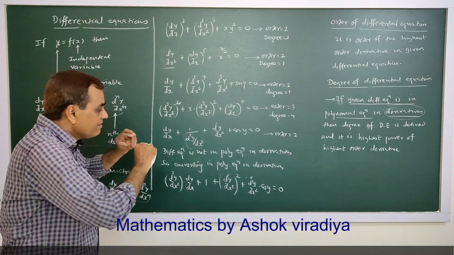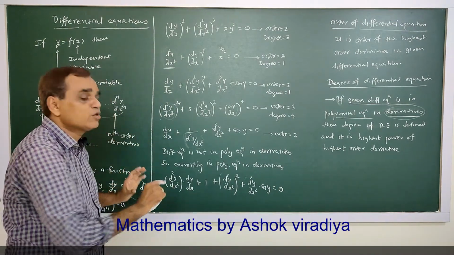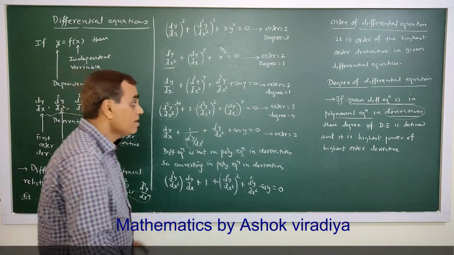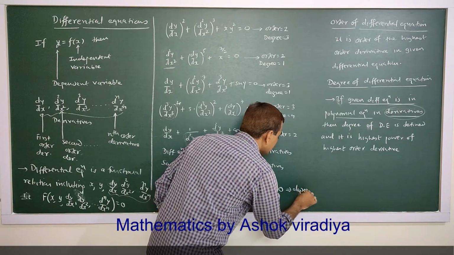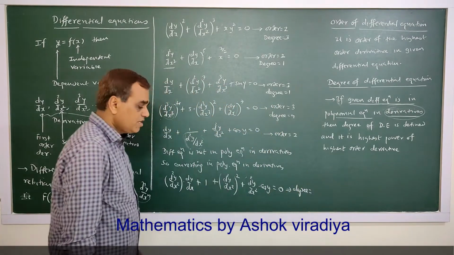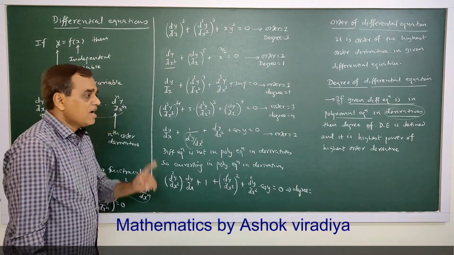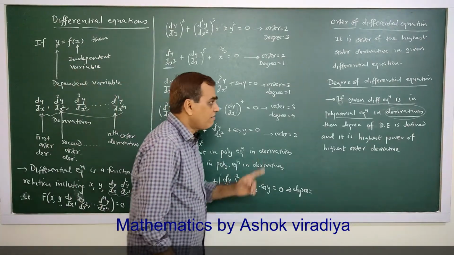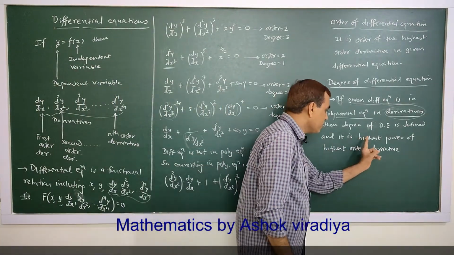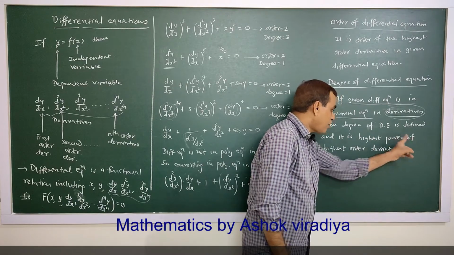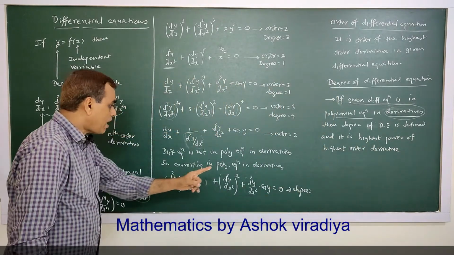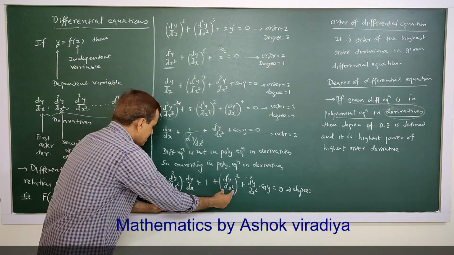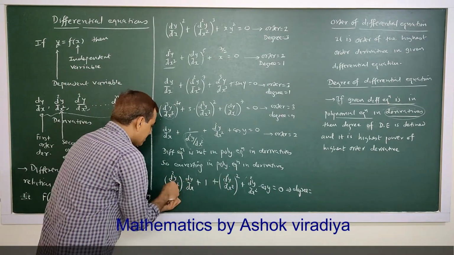And if we can convert the given differential equation into polynomial form, then degree is defined. Now we can say what its degree is. So its degree is the highest power of the highest order derivative. So the highest power, of those of highest order.